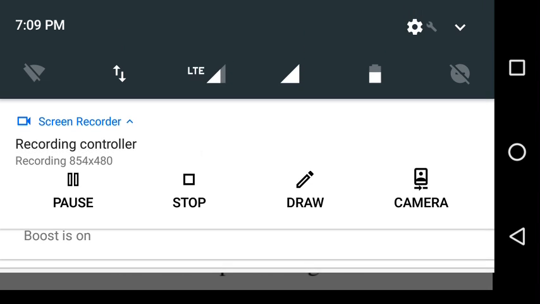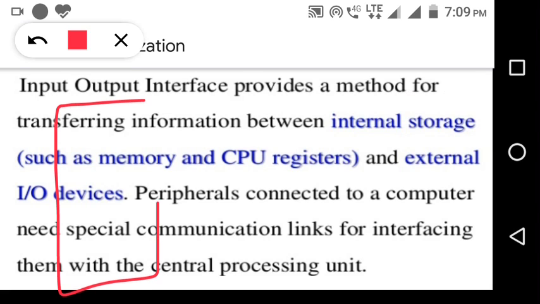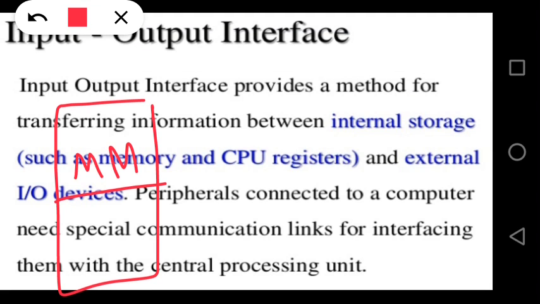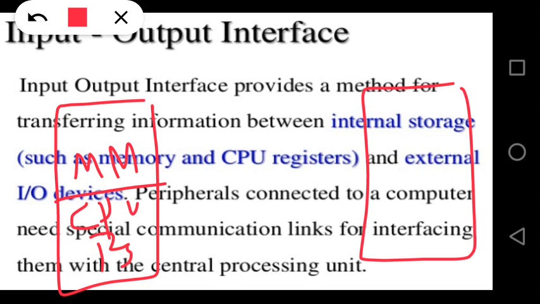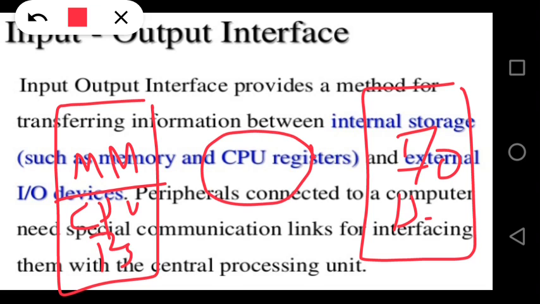This is my main memory and these are the CPU registers and these are external IO devices. Then there sits an IO interface which provides a method to receive the data from an input device like keyboard and send it to main memory or registers, something like that.